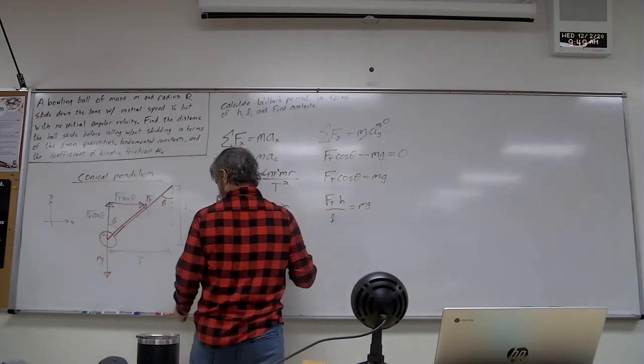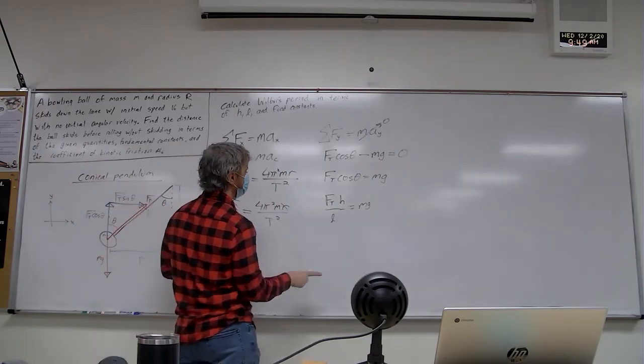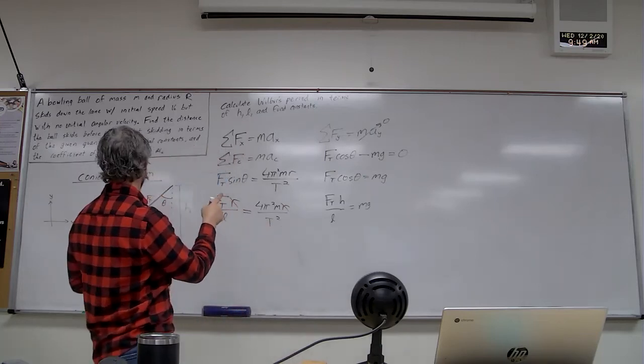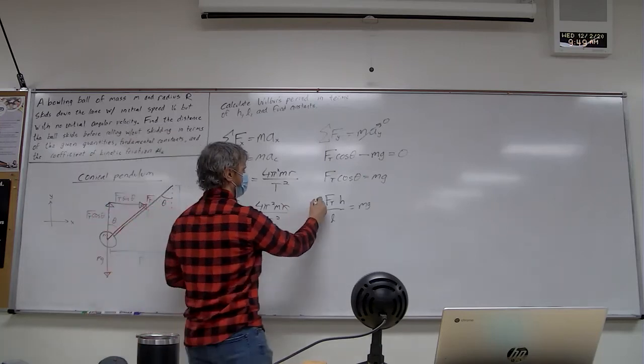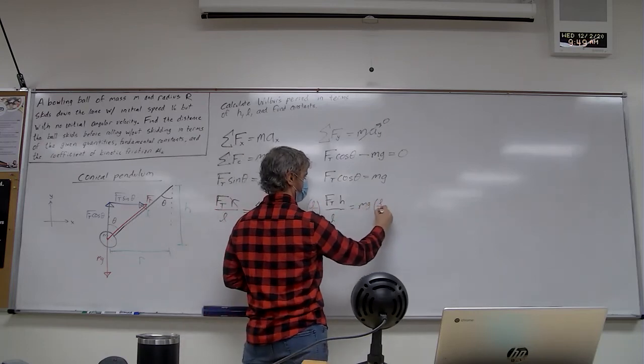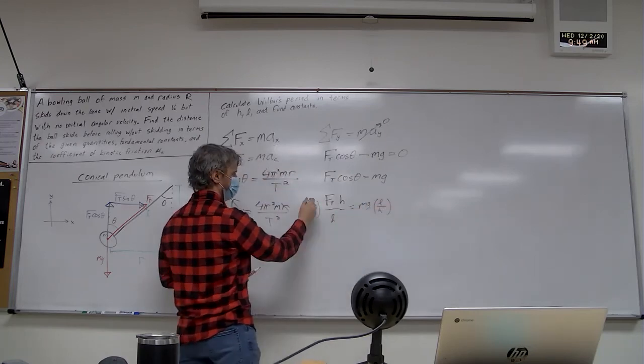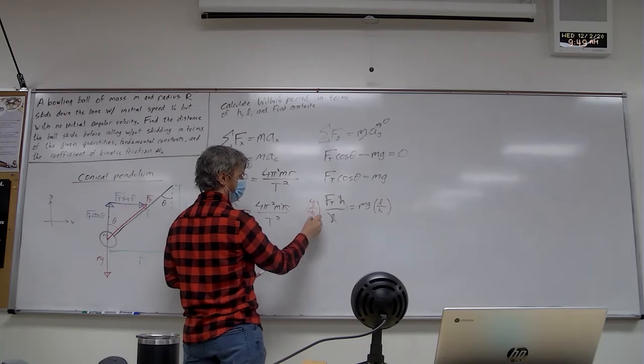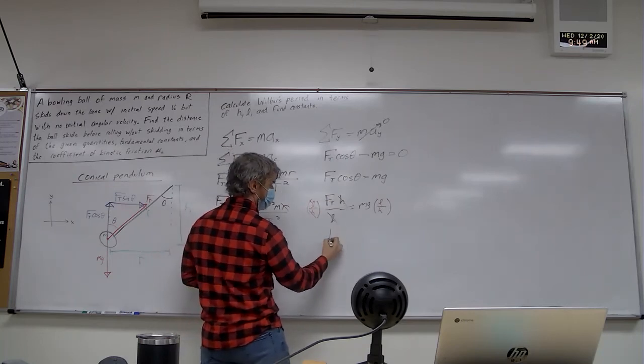So to solve for the tension here, did I do this right? Multiply both sides by L over H, right? Yeah. So numerator L, denominator L, numerator H, denominator H. So I get an expression for the tension.